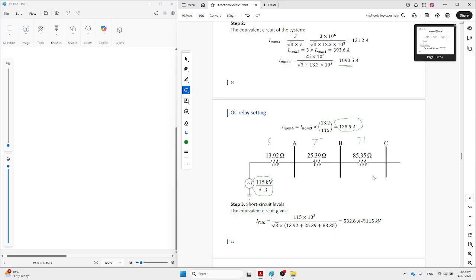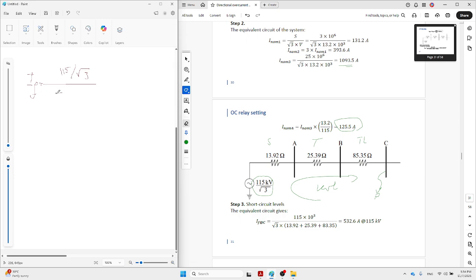Then the buses are also highlighted for you: C, B, A. If we have a fault at bus C, it's very clear what the fault current is. Using KVL, this is the voltage source divided by, using Ohm's law, of course. So the fault current IF is the voltage source, which is 115 divided by square root 3, over 13.92 plus 25.392 plus 85.35.